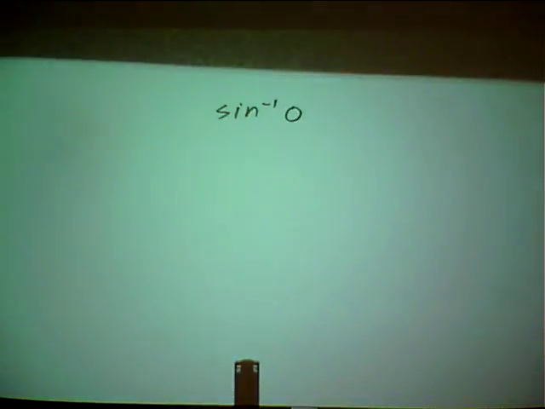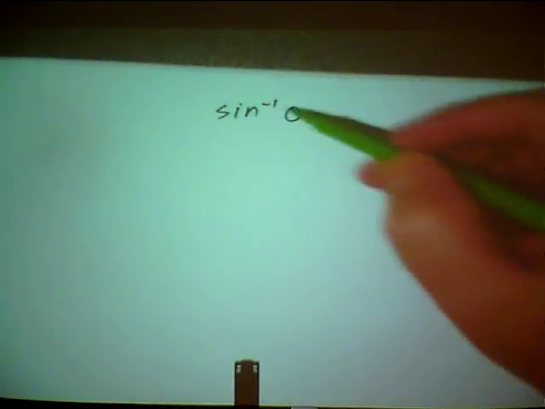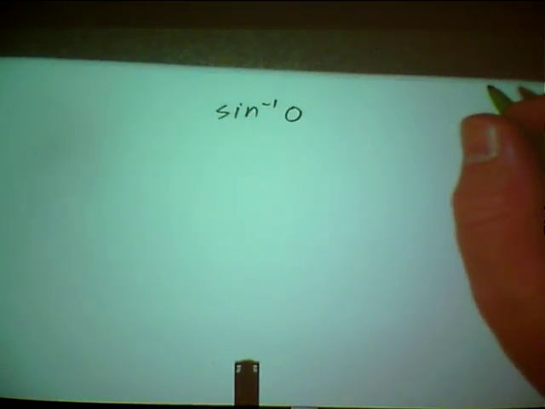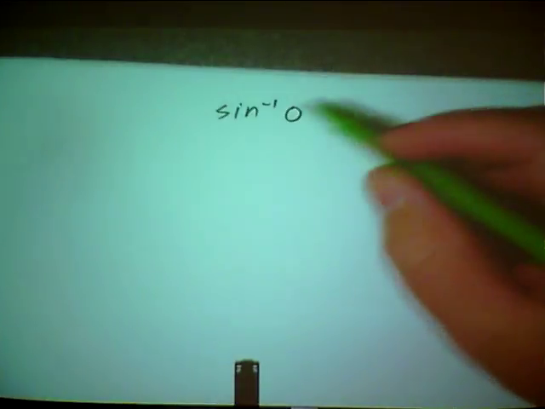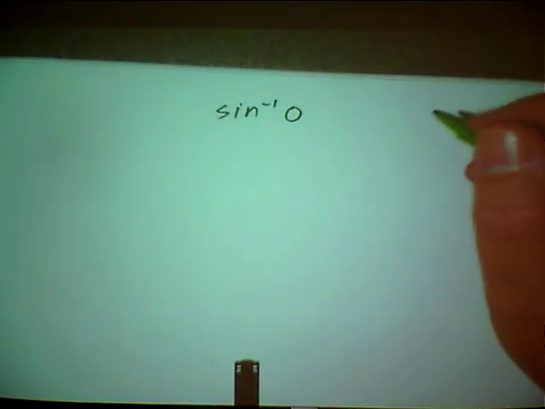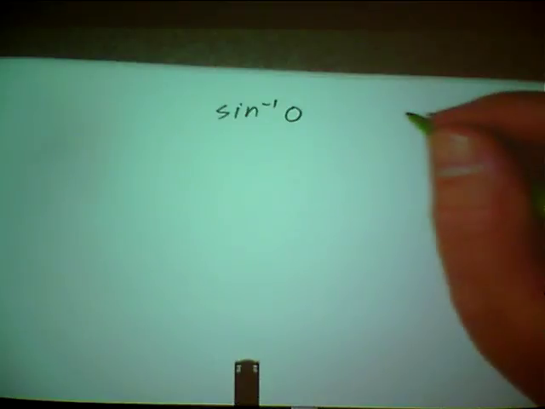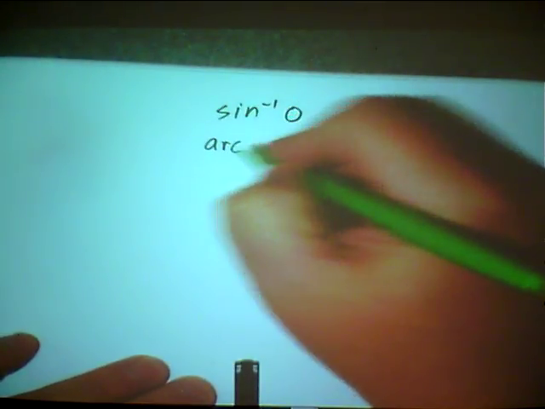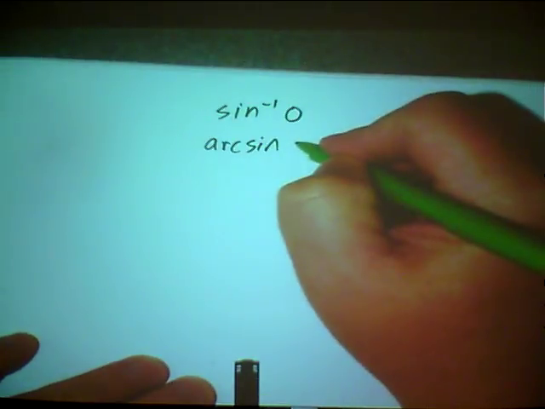This is how you write an inverse sine function. It looks like it has an exponent of -1, but that is not an exponent. This -1 here is just a way that we can indicate that we're looking for an inverse trig function. There's actually a second way to write an inverse trig function, and it's called the arc sine.